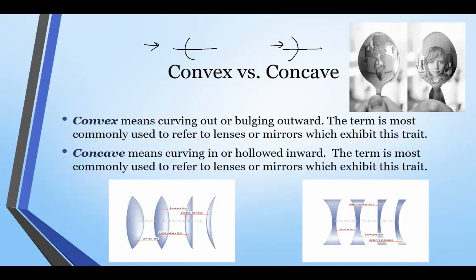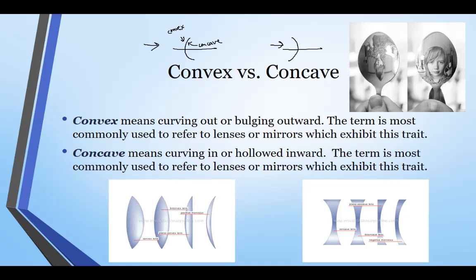It's interesting that if you have one of these types of lenses or mirrors, the other side would be the opposite. So if this side is convex, then the other side would be concave. This is what you're going to see when you play with the spoon.